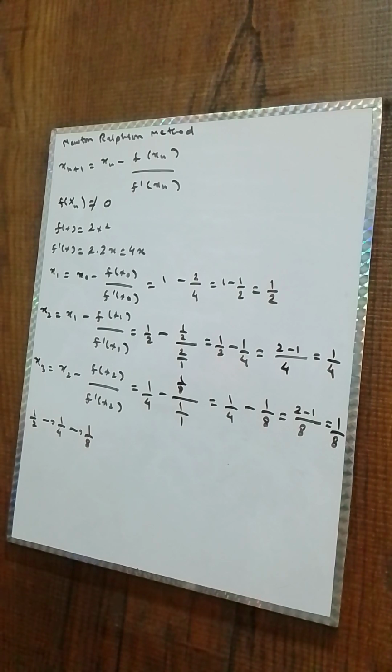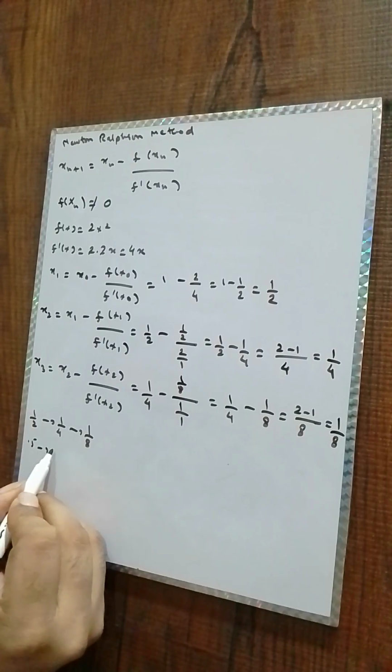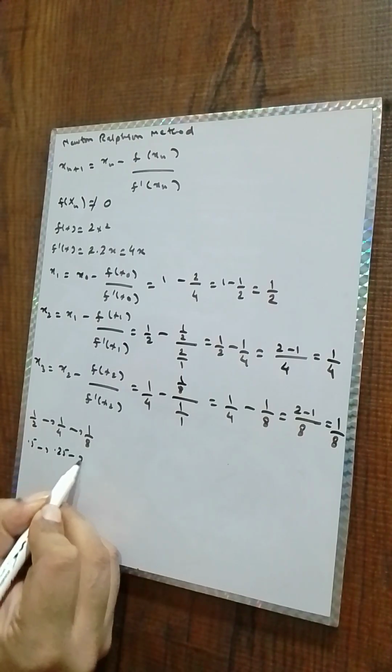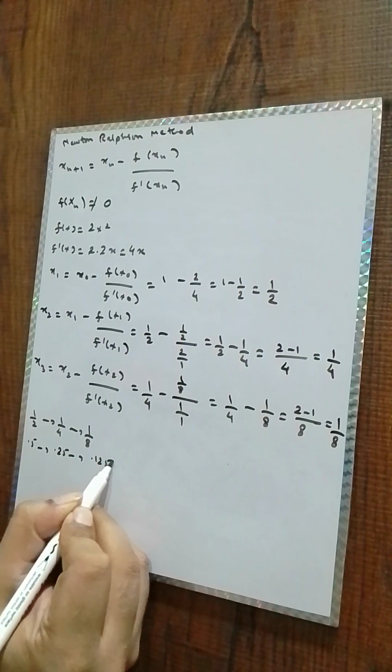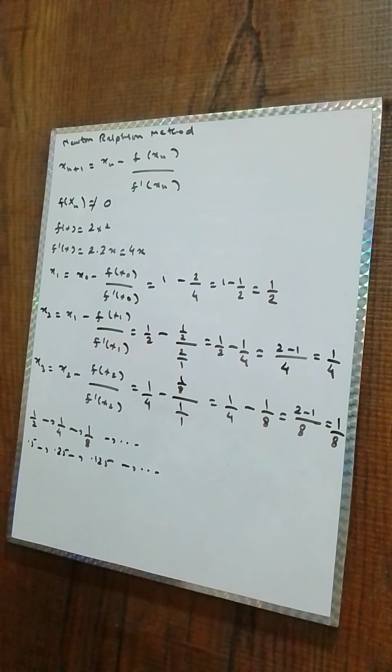Yes. So for example, if somebody is interested in decimal values, this is 0.5 and this goes out to be 0.25 and then 0.125 and so on. Yes, so this depends on the number of iterations you do.